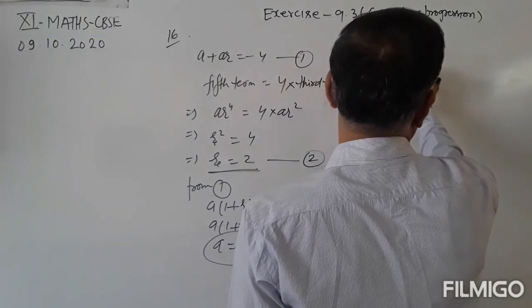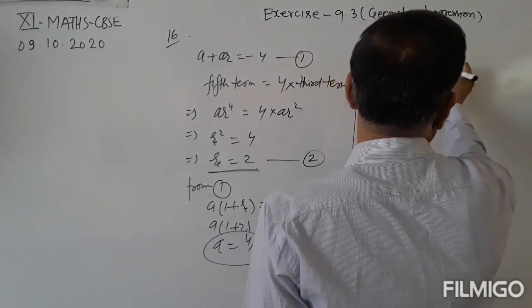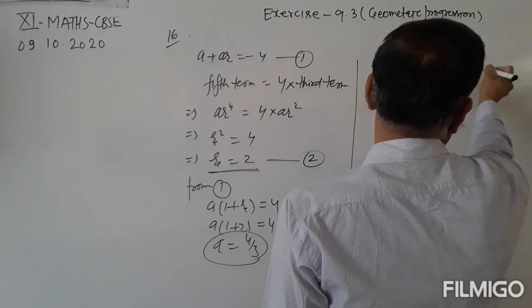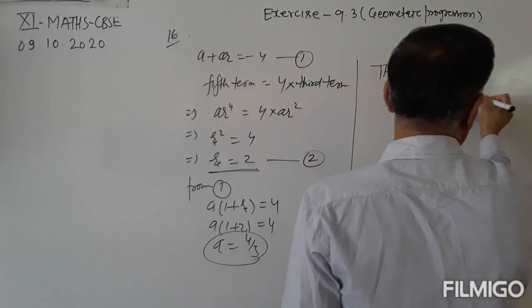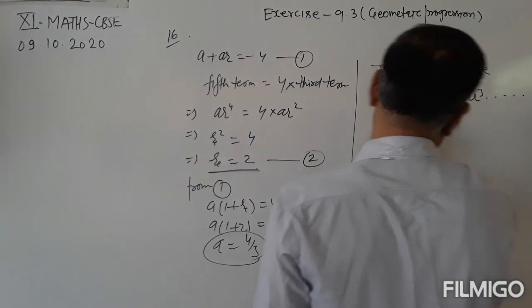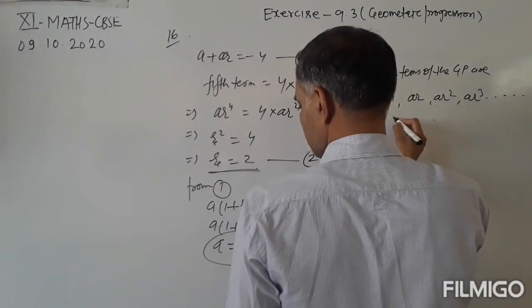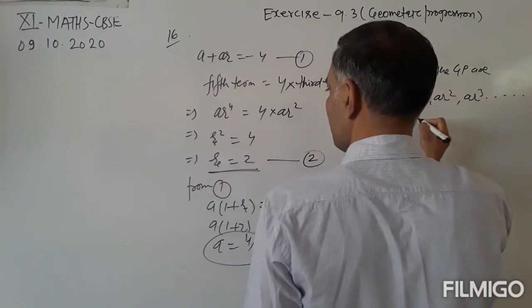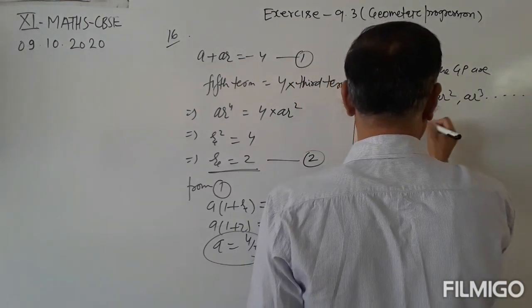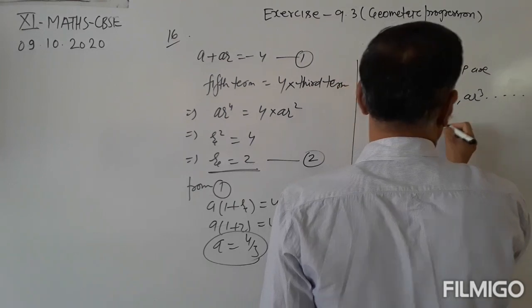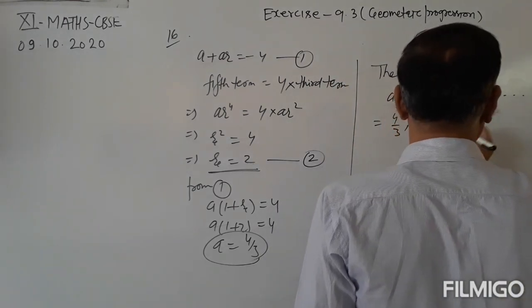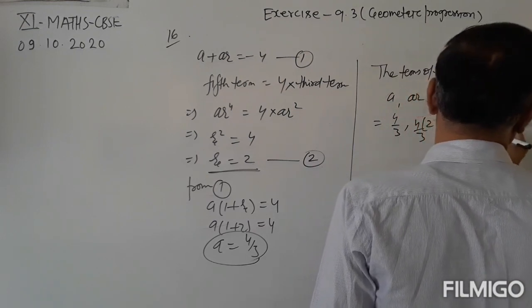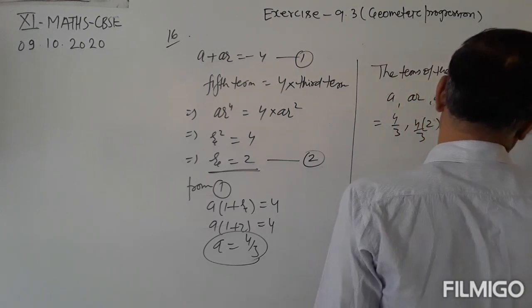The terms of the GP are a, ar, ar square, ar to the power 3 and so on. a means 4 by 3, ar is 4 by 3 into 2, ar square is 4 by 3 into 2 square, 4 by 3 into 2 to the power 3, and so on.